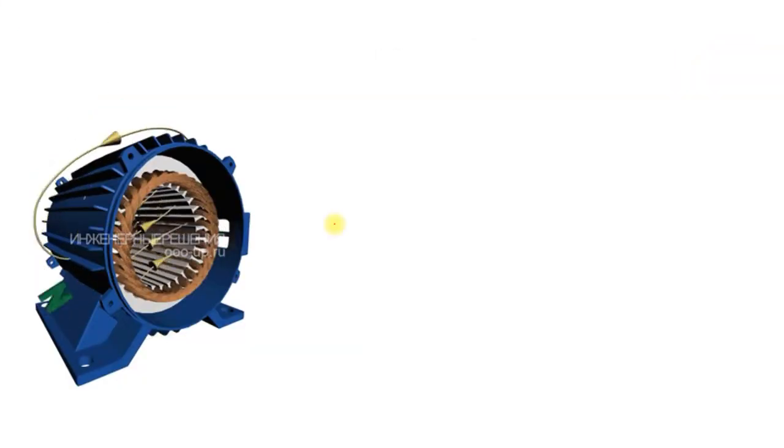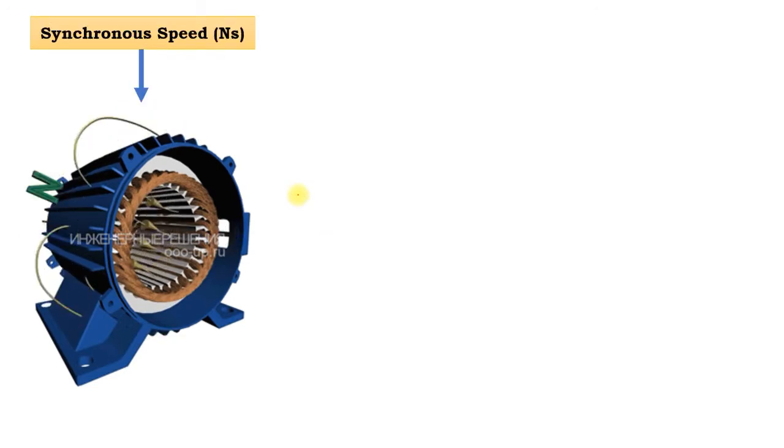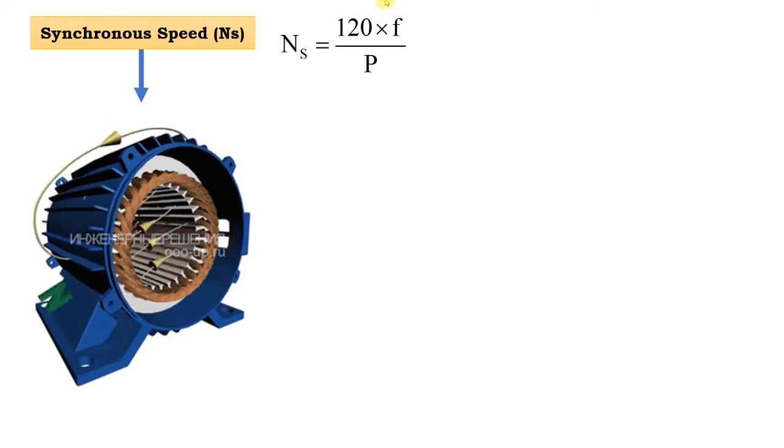Now we'll see some important terms related to the three-phase induction motor. As you know, the moment when supply is given to the three-phase induction motor, it produces a rotating magnetic field which rotates with a constant speed, called synchronous speed, that can be calculated using the equation Ns = 120f/P, where f is the supply frequency and P is the number of poles on the stator winding.